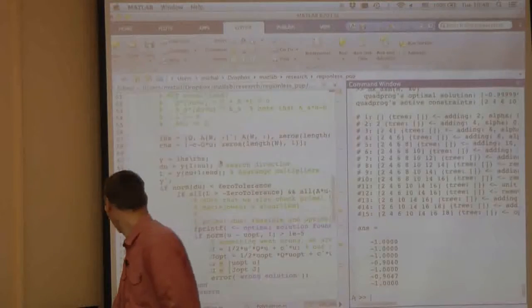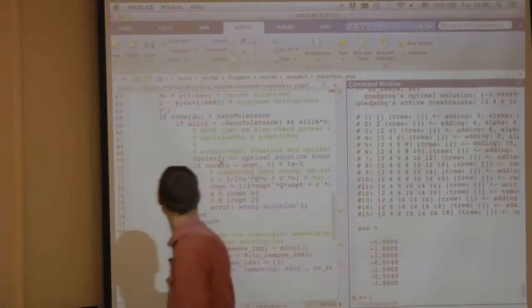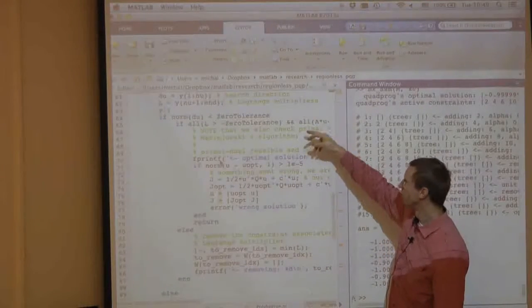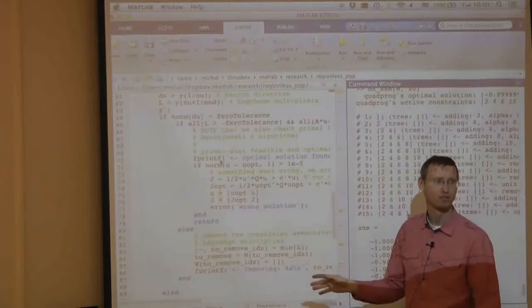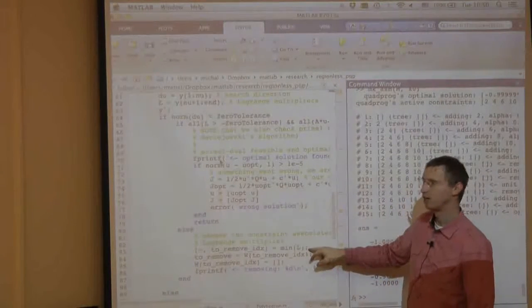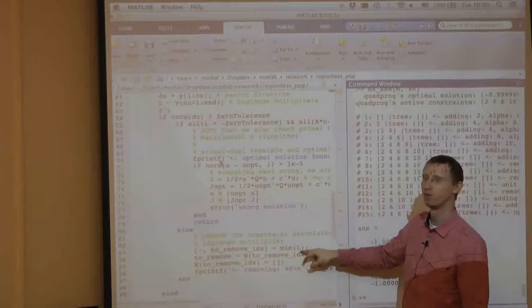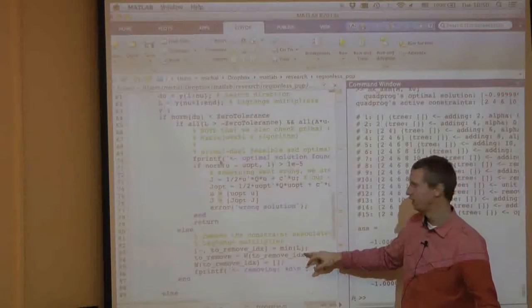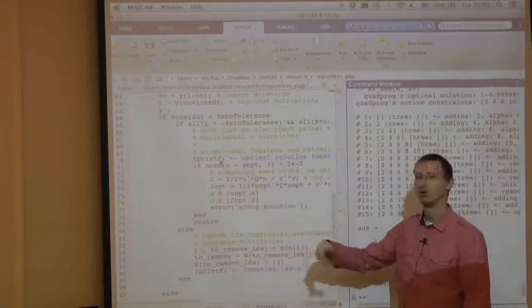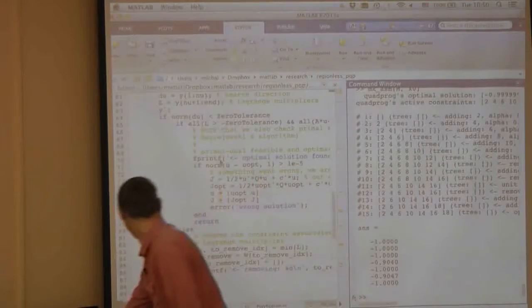Either all Lagrange multipliers are non-negative, and we know we have the optimal solution, or some Lagrange multiplier is negative. So here we look for the most negative entry and we remove it from the set. And we continue with the next iteration.